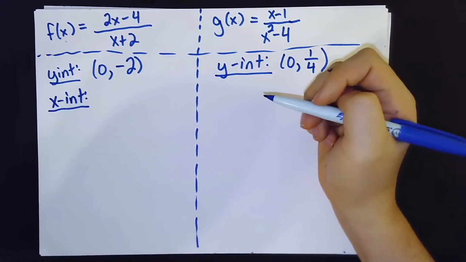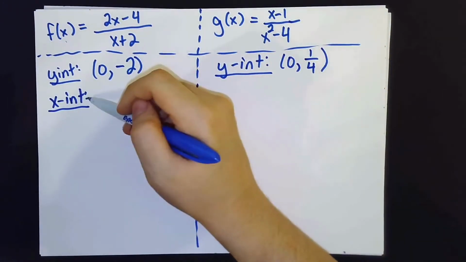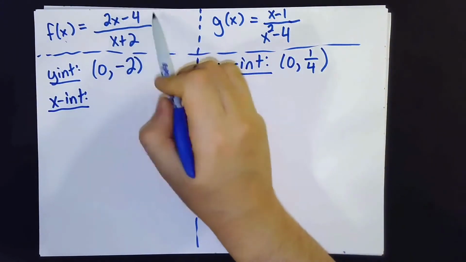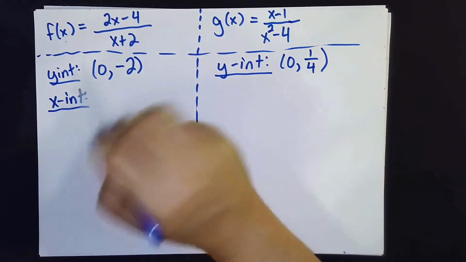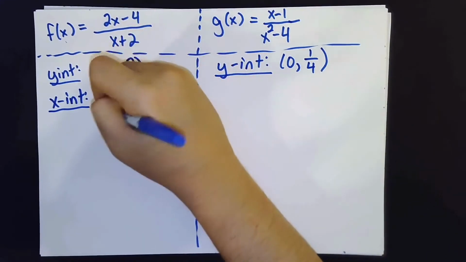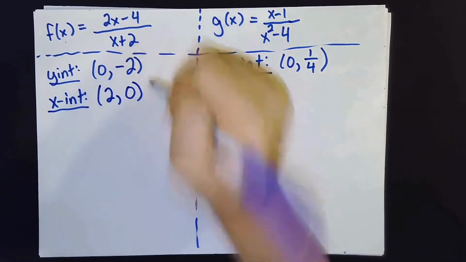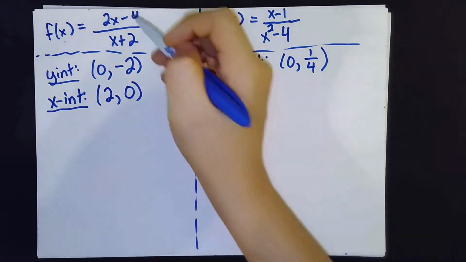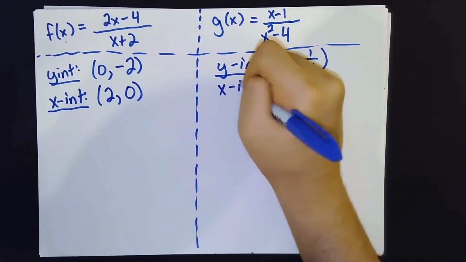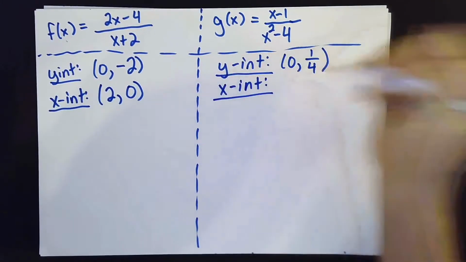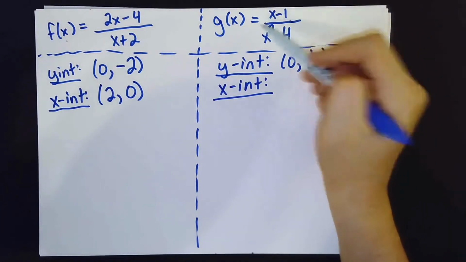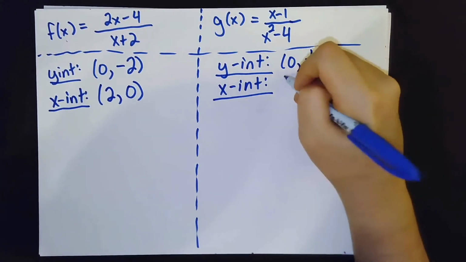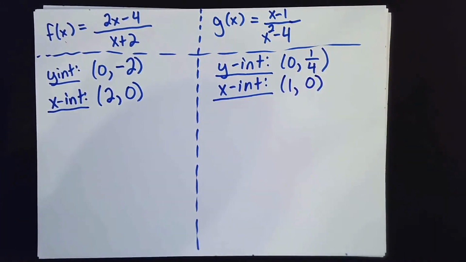Okay, how about the x-intercepts? Well, I get x-intercepts by setting the numerator equal to 0. So 2x minus 4 is equal to 0. That's going to give me x is 2. So that's going to be my x-intercept for this one. In this case, I set the numerator equal to 0, and then I get x equals 1. So that is my x-intercept.